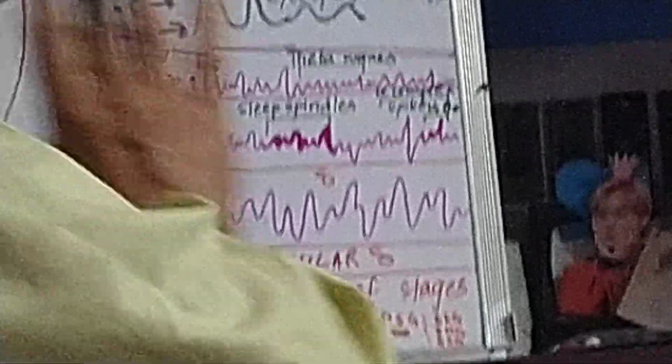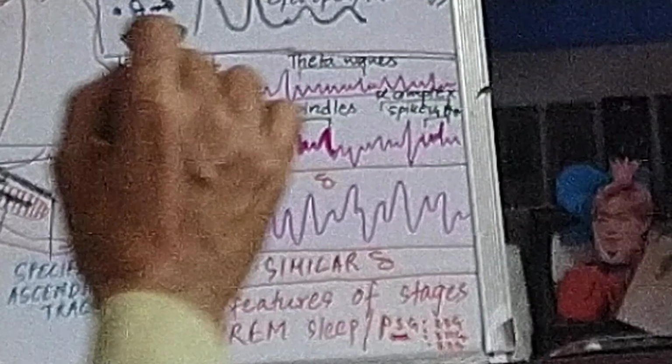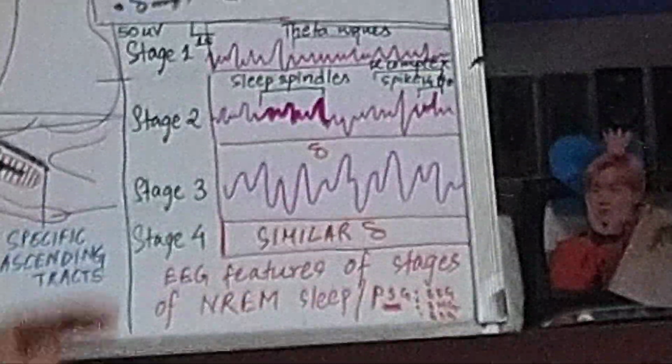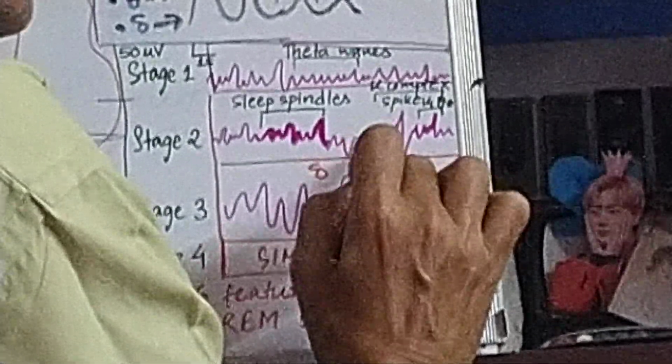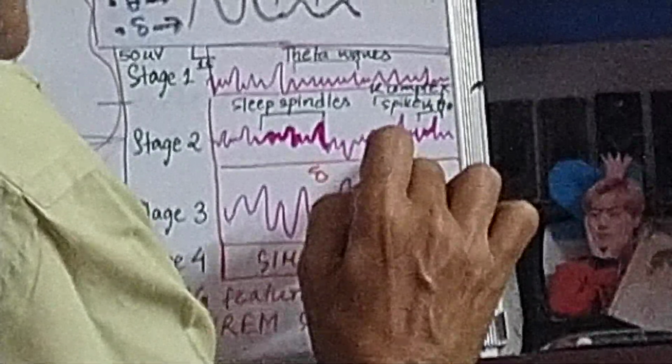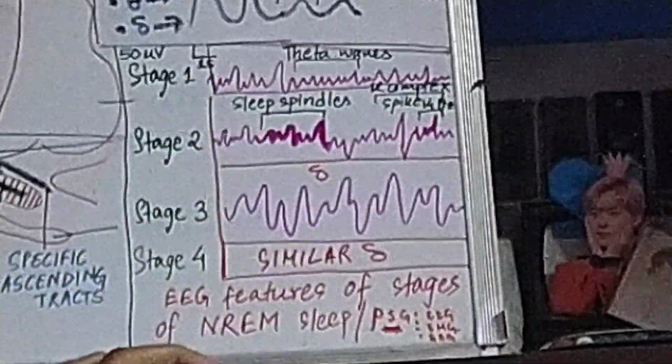Now, if you go on tracing the stage 2 EEG, then after the sleep spindle there will be a very high spike followed by a very high frequency, roughly 14 Hertz, wave.